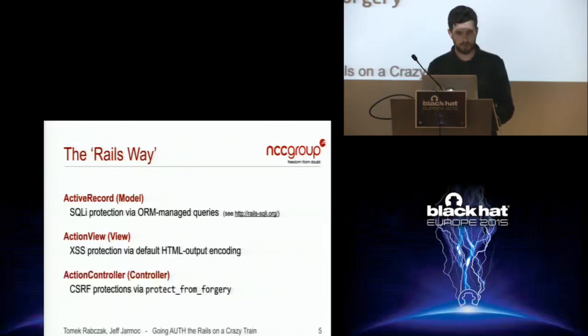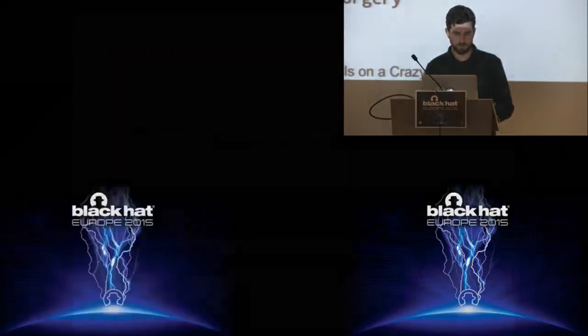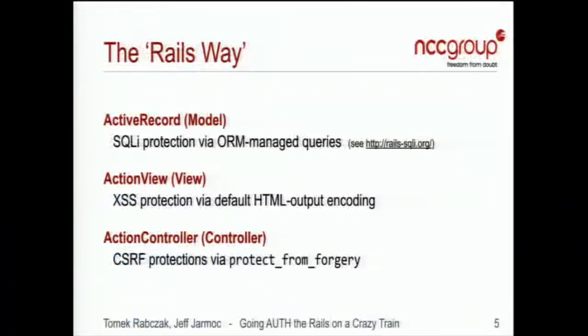Action View is the view layer, so you're going to get things by default like HTML output encoding. So you should have XSS protection, and there are ways to shoot yourself in the foot. Those are the things that we look for. And Action Controller is the controller layer. When you build a new application, we'll go into this a little bit later, but you get things like cross-site request forgery protection by default via the protect_from_forgery method.